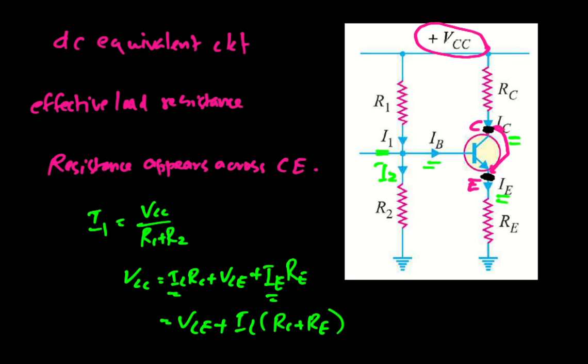So now if we consider the output of a circuit, the output current and voltages are interrelated by the load line.